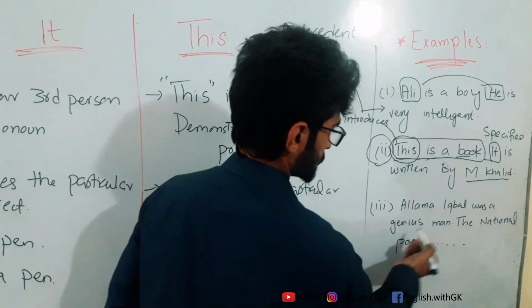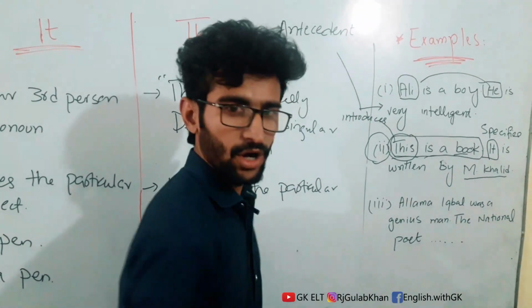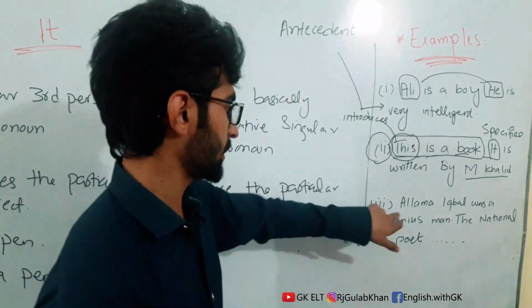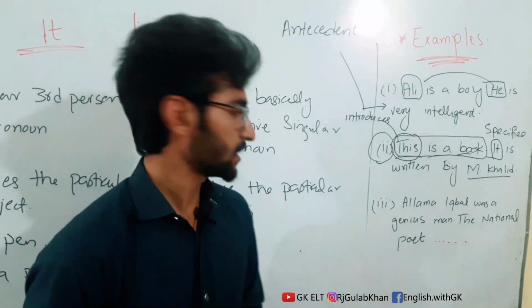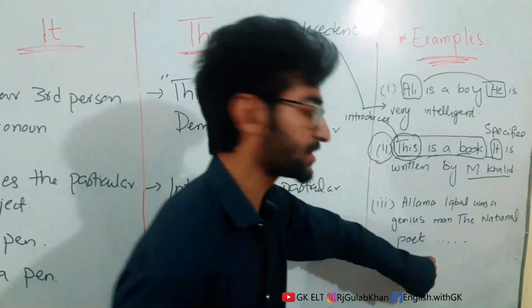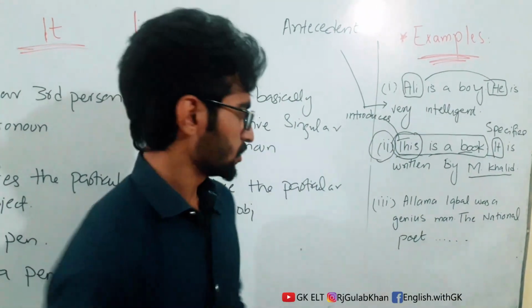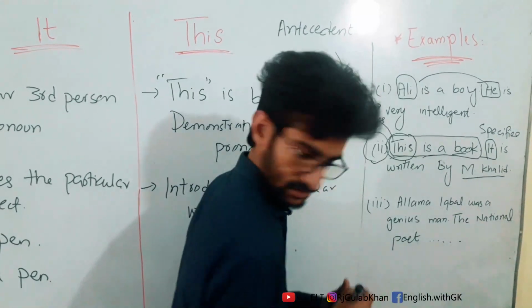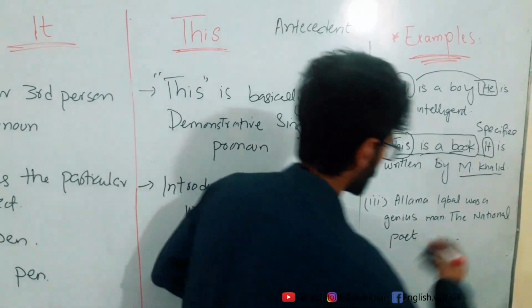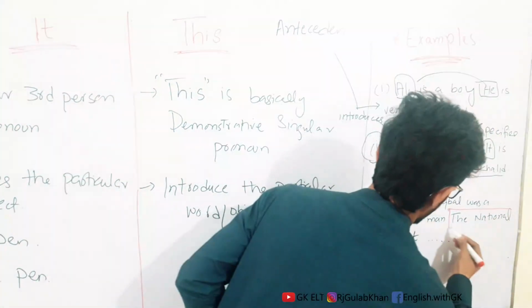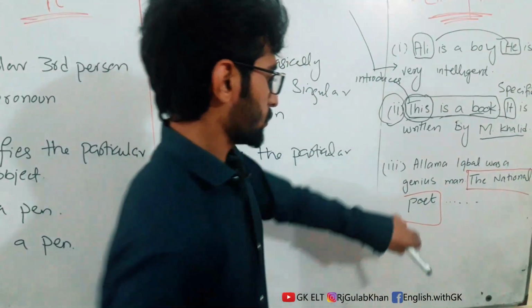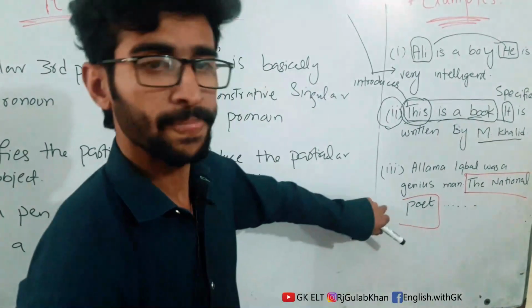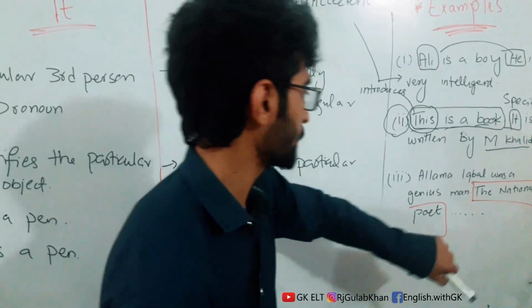Now we have another case, the third example. Allama Iqbal was a genius man. Now we are referring to that man, Allama Iqbal, with his quality. What are we saying? We're saying the national poet of our country. So this quality, let me clarify more, to which we refer to him, the national poet.